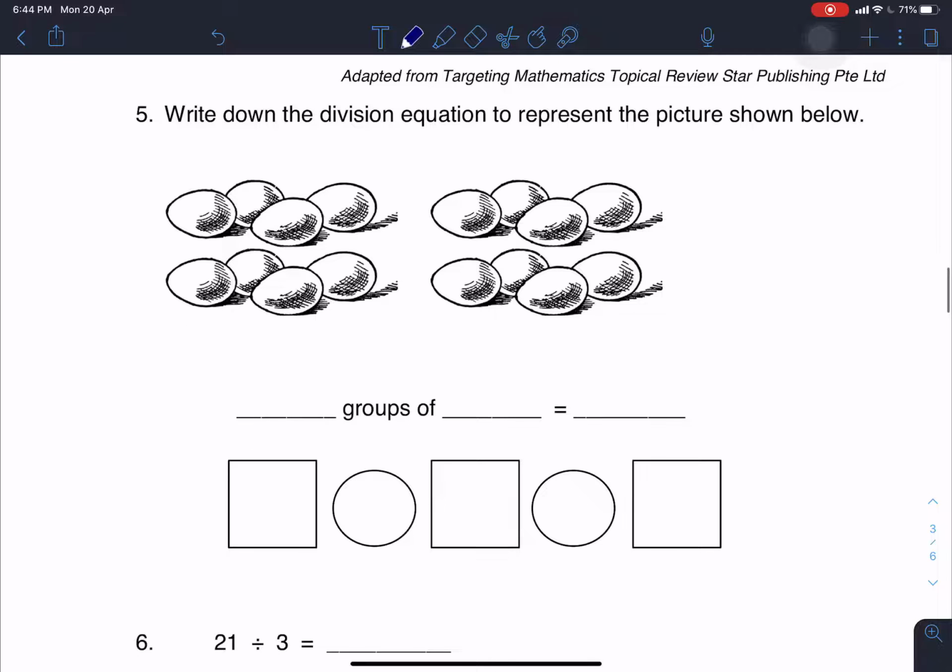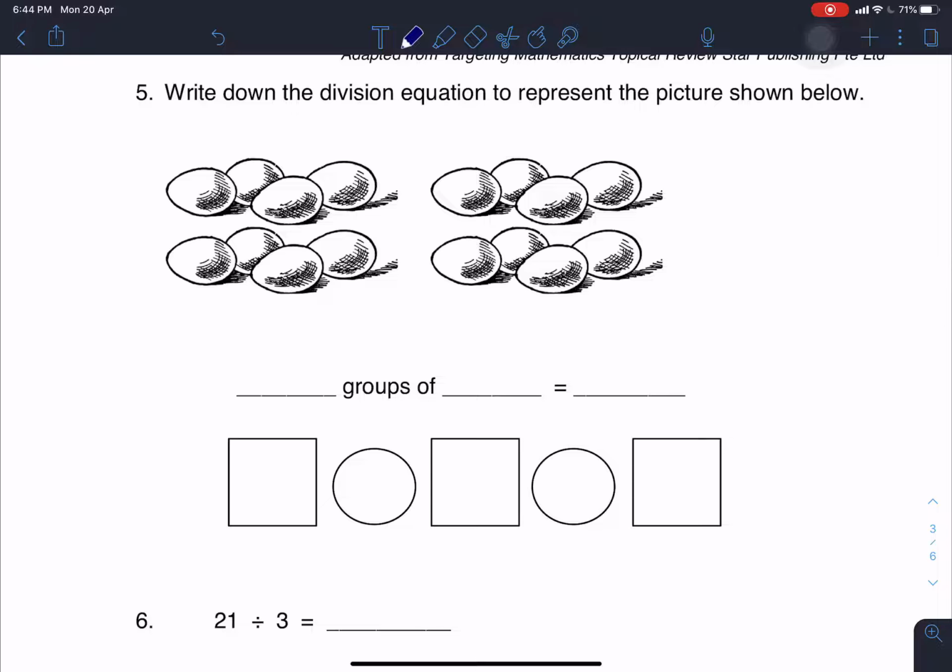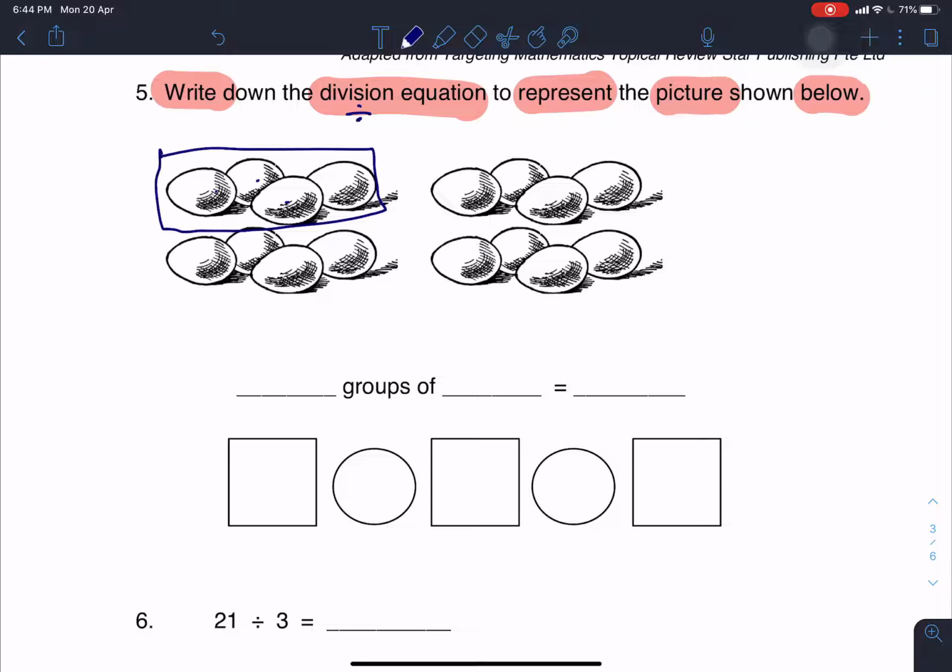For this one, many of us do make a mistake because we misunderstood the question. Question 5, write down the division equation to represent the picture shown below. They're talking about division, so a division sign. When I'm counting, 1, 2, 3, 4 represents one group, this is another group, and another group.